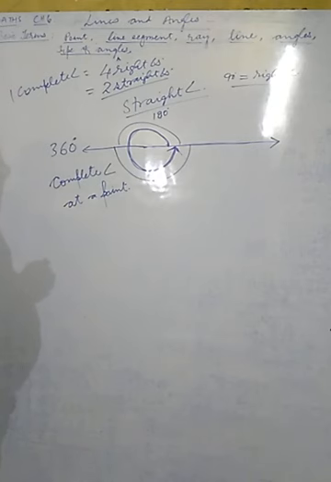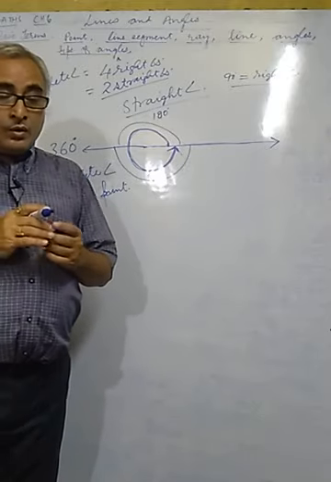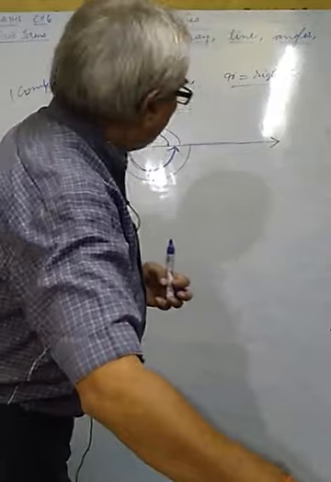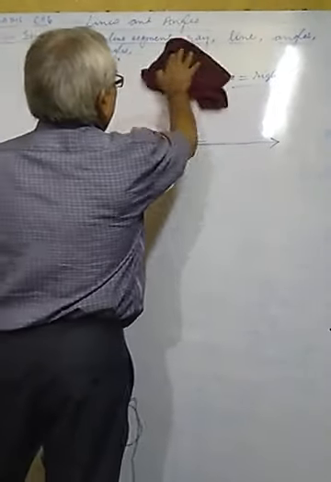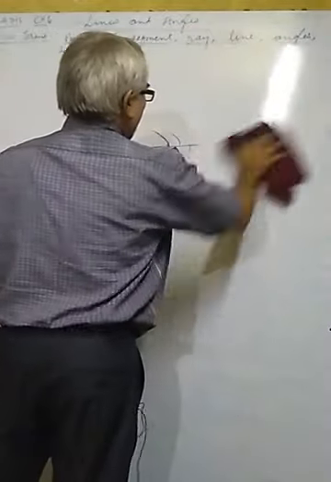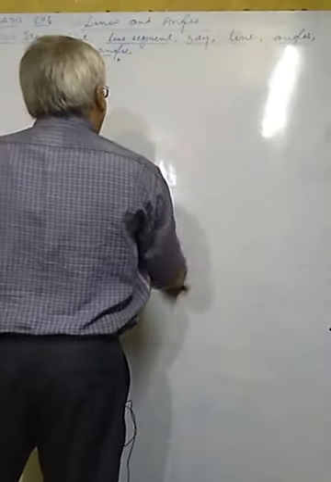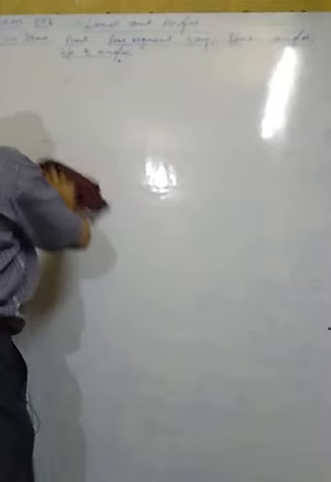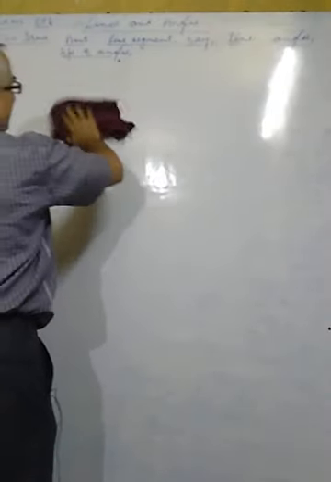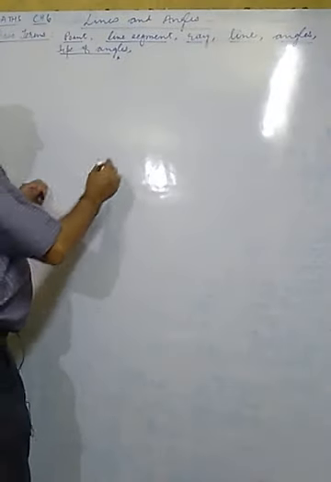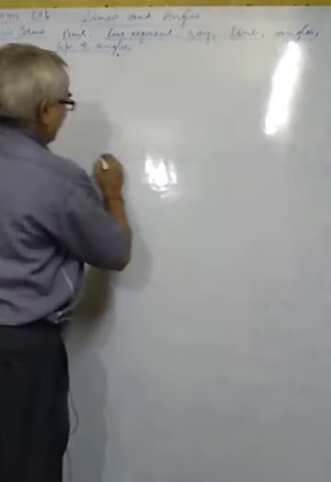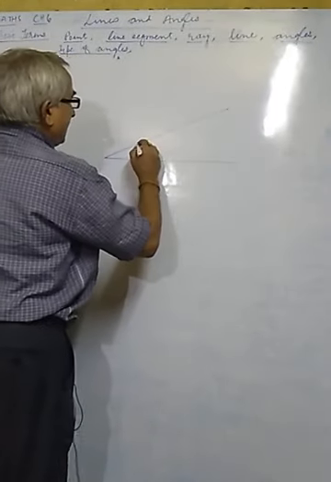In this way, we have discussed which type of angles? A single angle. One more angle is there, the reflex angle. How to find the reflex angle of any angle? Let us discuss the reflex angle. Suppose an angle is here.